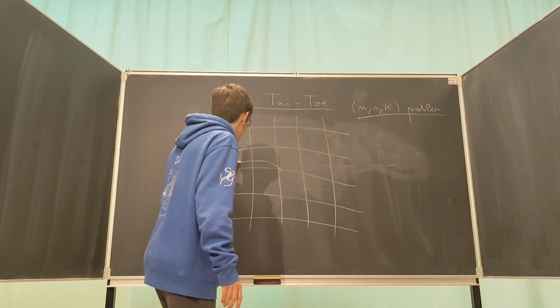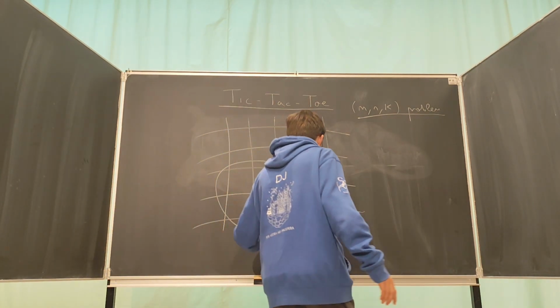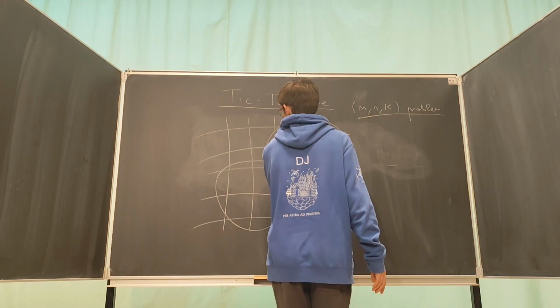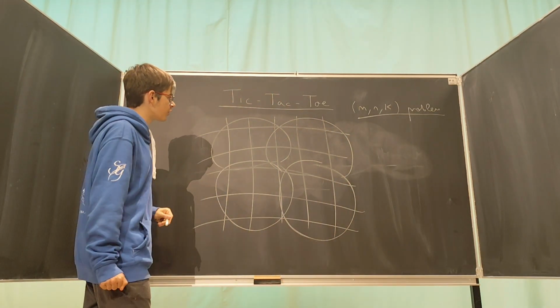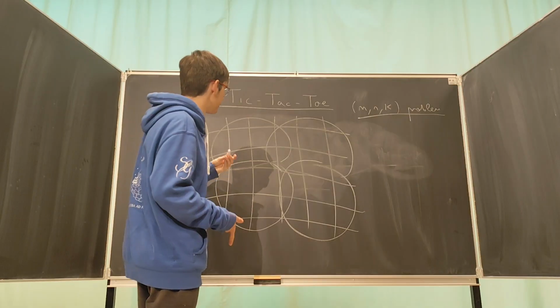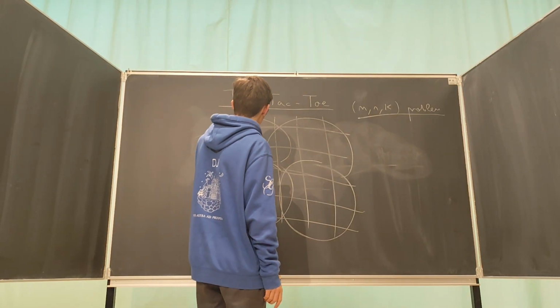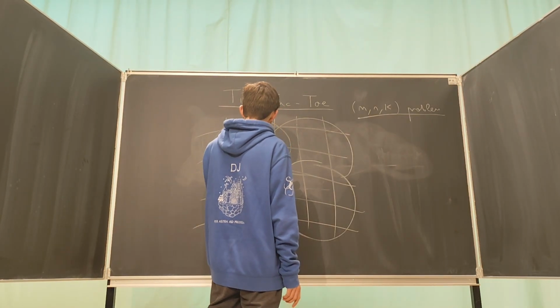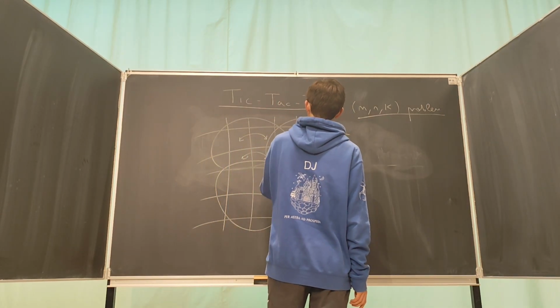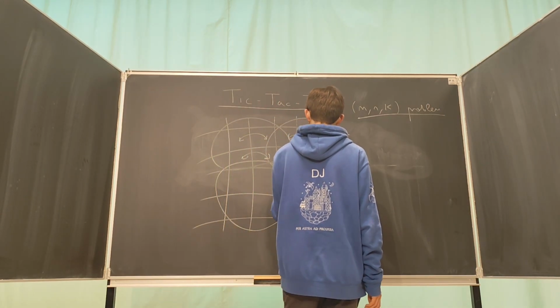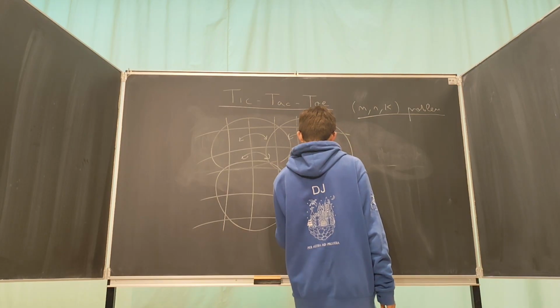So let's say this one, this one, this one, this one, whatever. And in every one of these parts, you're going to pair up the tiles. For instance, let's say this one is paired with this one, and we do the same thing for the other subsets. Okay, we do things like this.